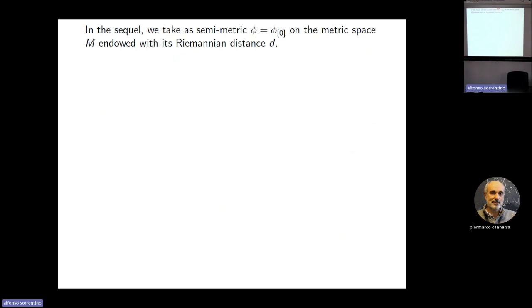In the same way, we take a semi-metric, not phi_0, but phi_c0, the critical Mañé potential.